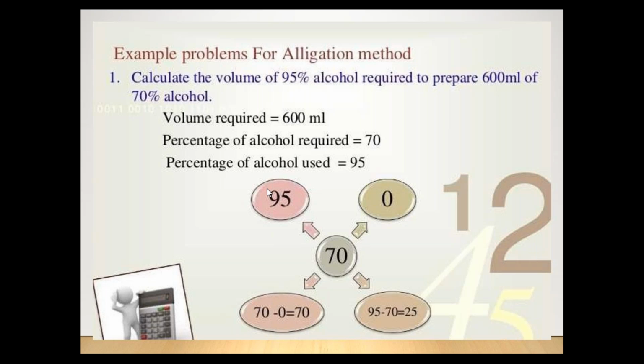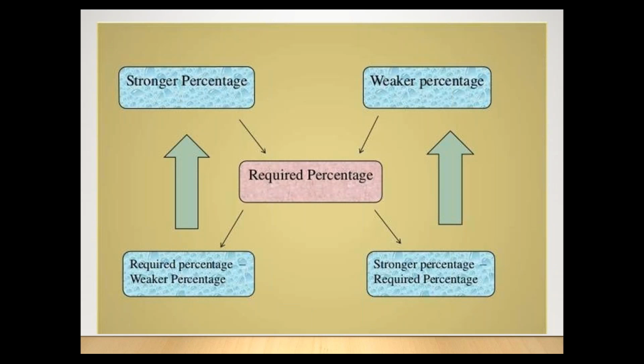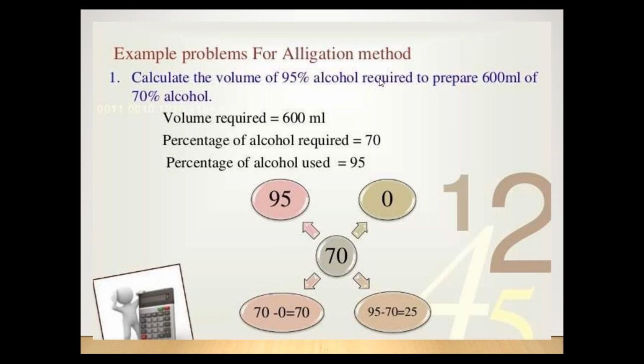Okay, so again, what was below towards the right side is written as stronger percentage minus the required percentage. So that is here, stronger minus required. So 95 minus 70, which is equal to 25. Okay.